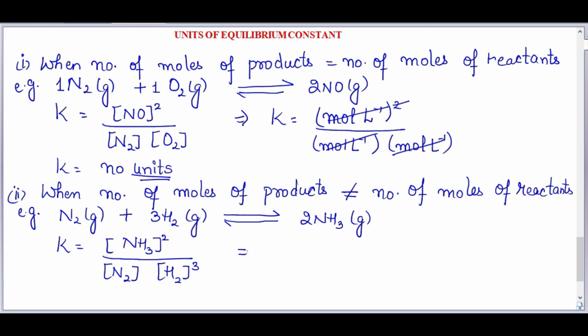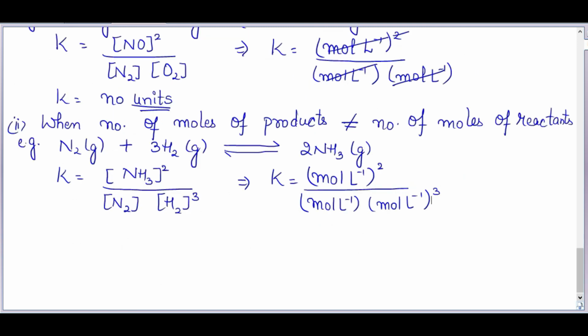So I know that unit of concentration is mole liter inverse. Okay, so just put the unit mole liter inverse square divided by mole liter inverse, right? And mole liter inverse power 3, right?